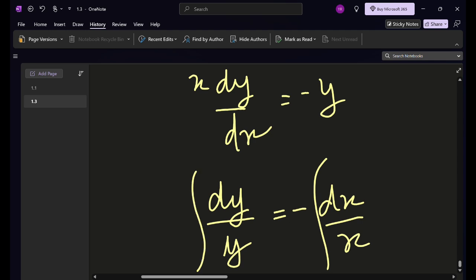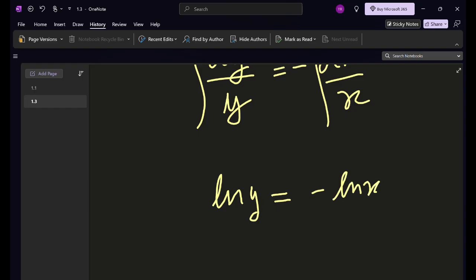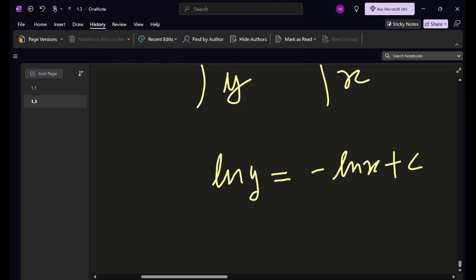Then we integrate, and the answer would be ln y is equal to minus ln x plus c.